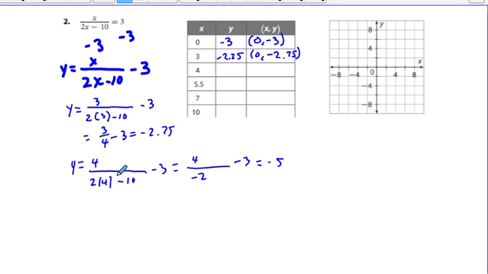Let's see what we should have here. Yeah, I got that second one wrong. This should be minus 3.75.